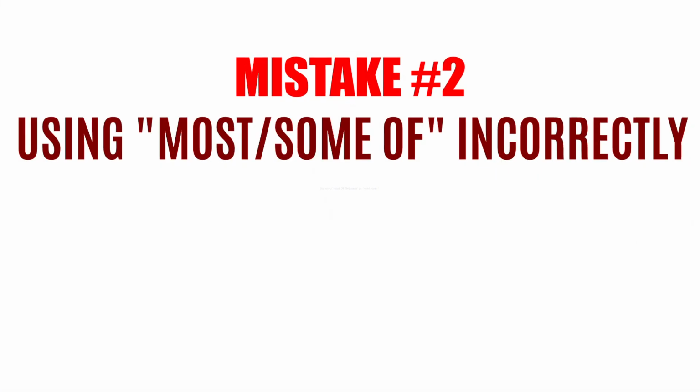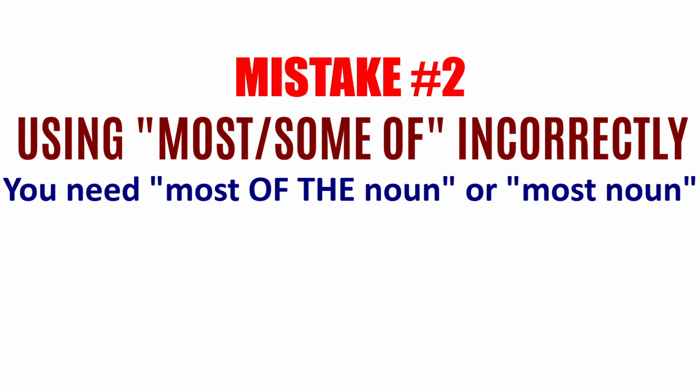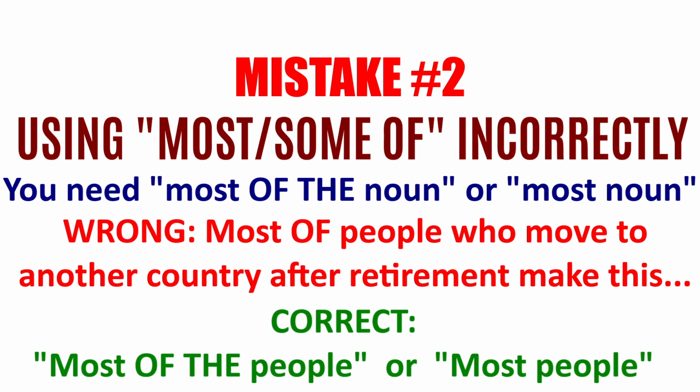All right, the next common mistake is using most, some, all, half of noun. You need most of the noun or most noun when you're talking about a group. This is wrong. Most of people who move to another country after retirement make this choice because small mistake, but it's wrong. Better, most of the people who move to another country, or most people.